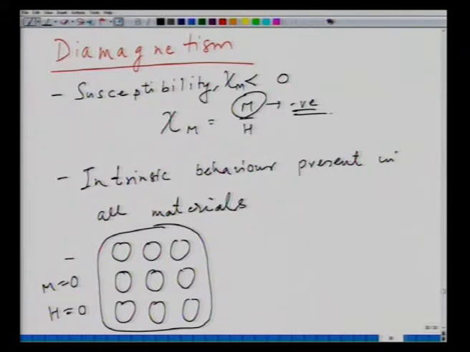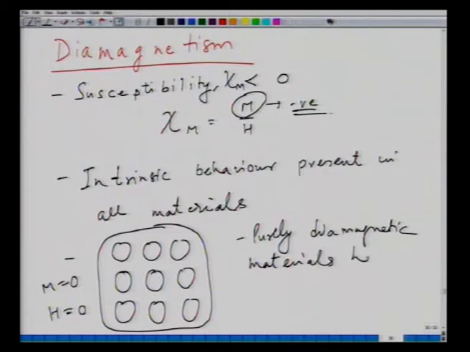So, purely diamagnetic materials are materials that have filled outer electron shells.